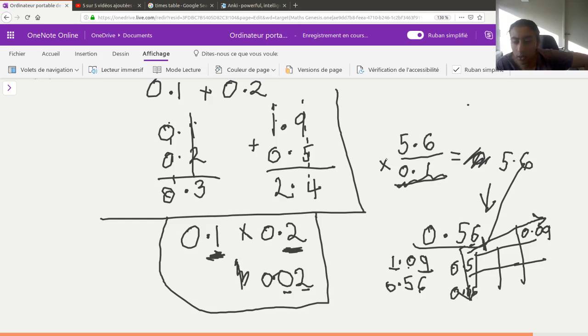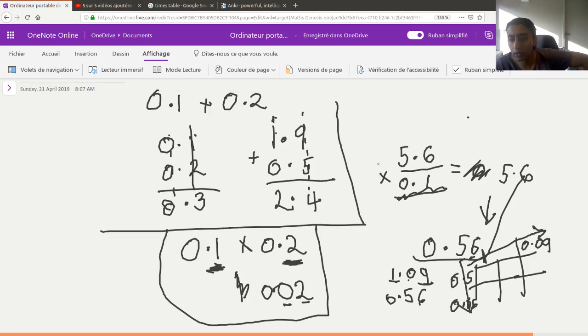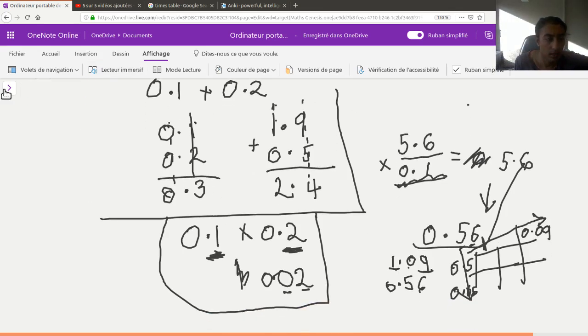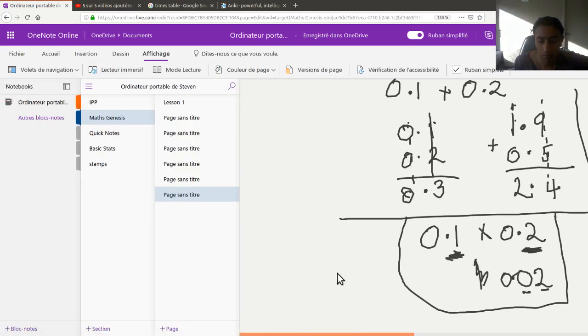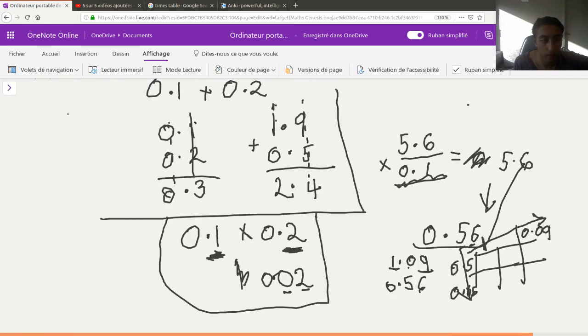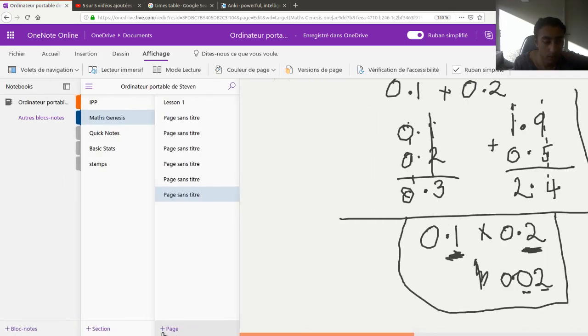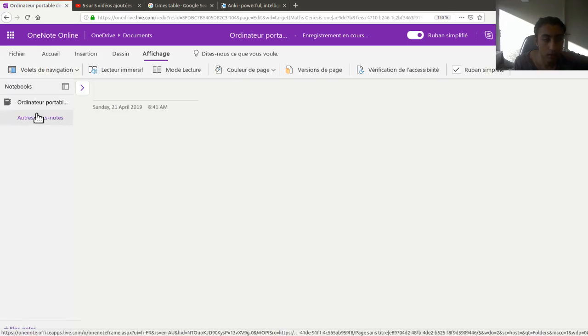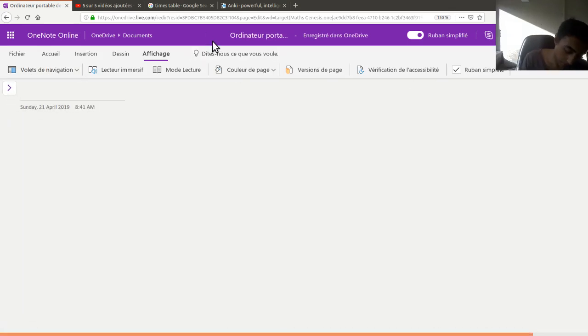So that's multiplication. Also, I should talk about division a little bit. Let's make a bit of space. Can I scroll down? Apparently not. Let's just page. Yep. So division. It's a bit tricky.